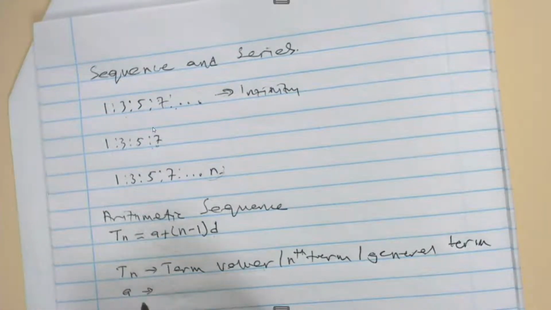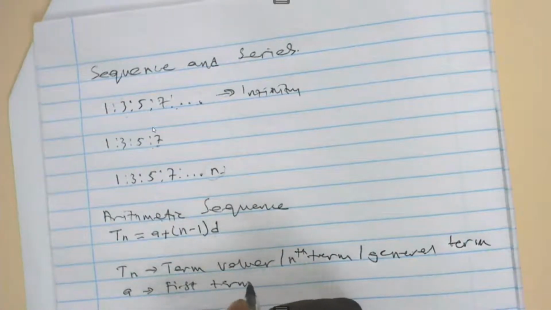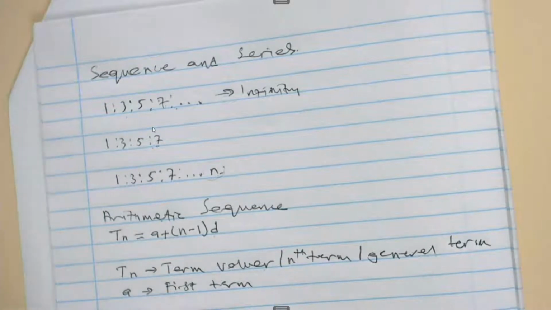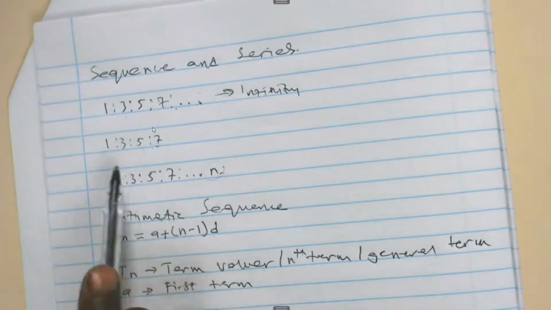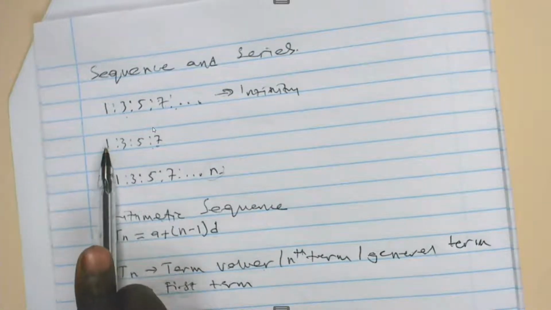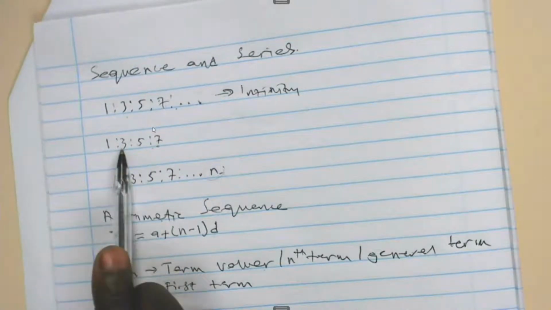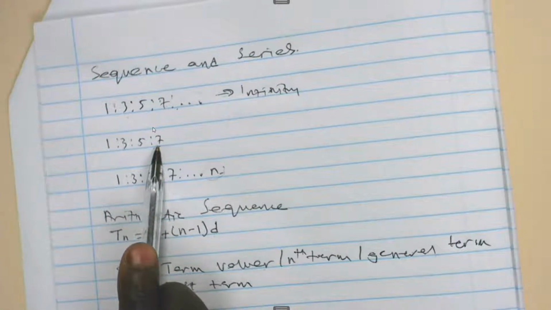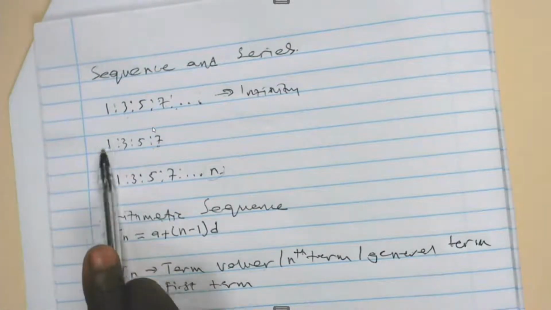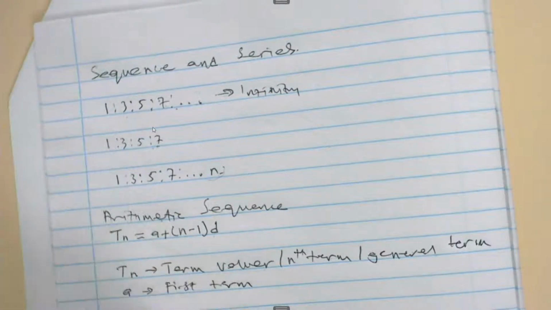In all the sequences that fall under arithmetic sequence, a stands for the first term. If we have the sequence 1, 3, 5, 7, the first term, which is 1, is our value of a. So in this sequence, a is 1.